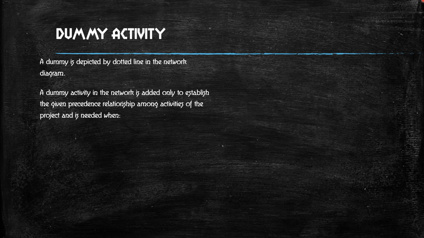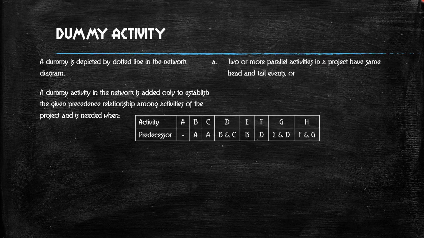Okay. This dummy activity is drawn only to show the precedence and successor relationship, but it doesn't consume any time, resources or cost. So that's why it is differently shown by a dotted line. You don't draw a normal line to represent a dummy activity.